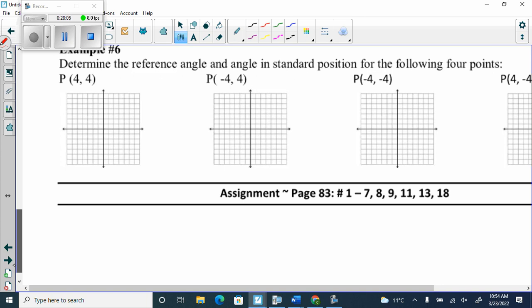Okay? So it's page 83 on the 4th page. So we have 1, 2, 3, 4, 1 to 5.